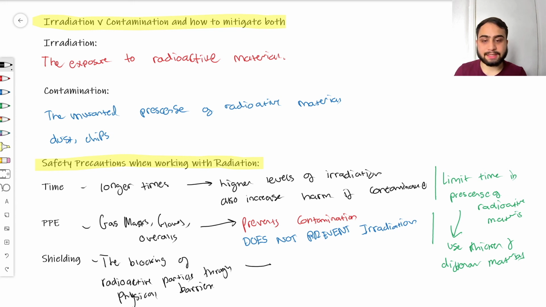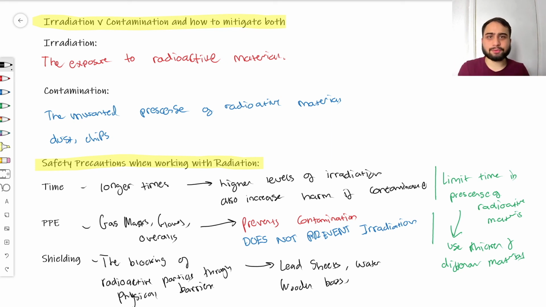So this could be lead sheets, wooden boxes, and even plain old water. Water is an excellent material for shielding, which is why often nuclear test reactors are buried under massive pools of water, and the radiation doesn't even move past maybe a couple meters.